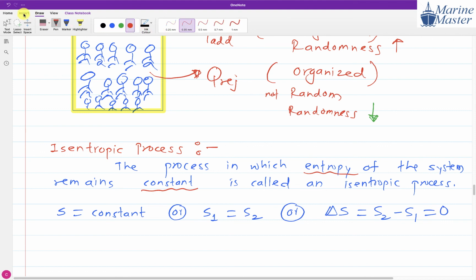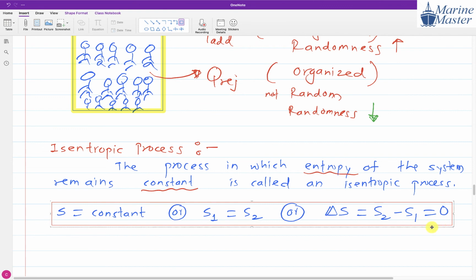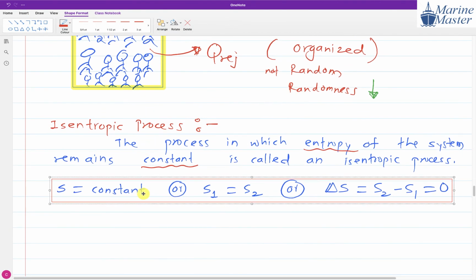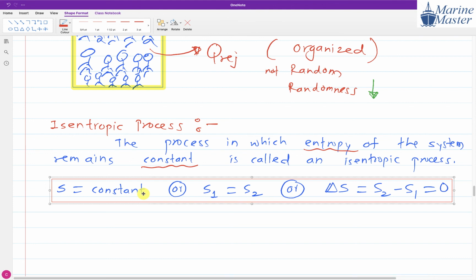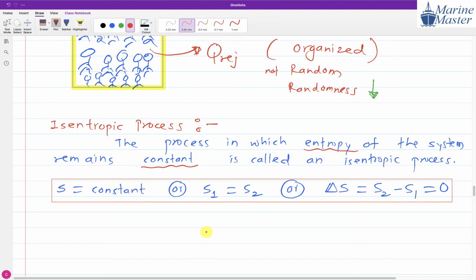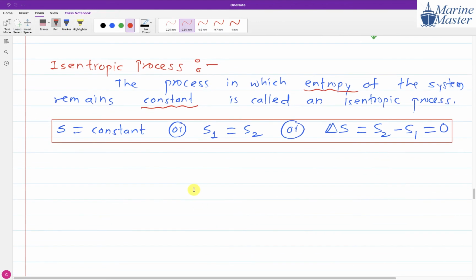So in a few words, this is what is meant by isentropic process. Please write down this discussion: isentropic process. Done, sir.